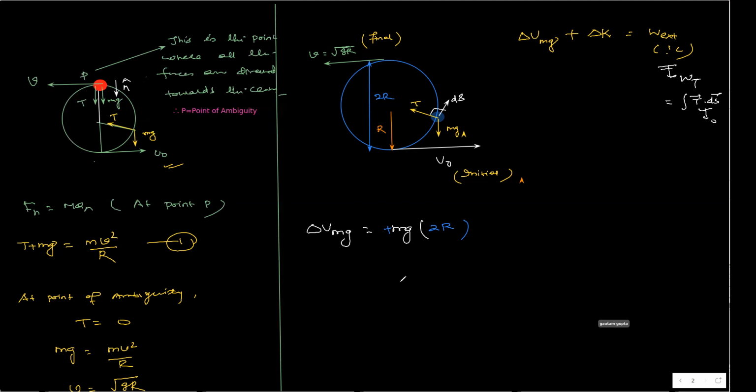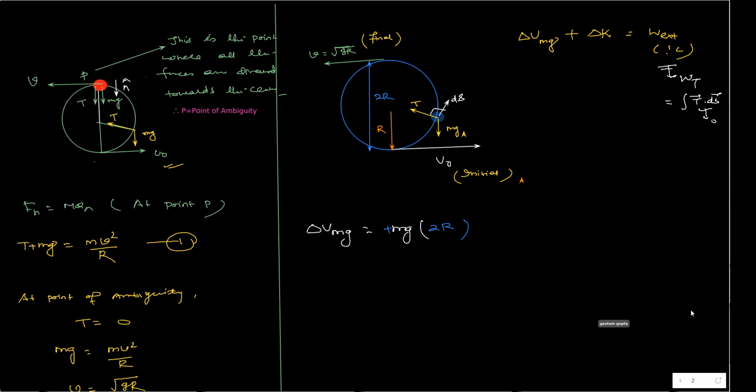If it has moved down, if the final height is lesser than the initial height, then you write the magnitude of the height and you put a negative. So actually delta H is the final height minus initial height. When it has moved up, final height will be more than the initial height, so it will come out positive. When the object is going down, final height is lesser than the initial height, so it will come negative. In order to simplify things, write mg into the magnitude of the height, and if it has moved up, put a plus. If it has moved down, put a minus. Okay, so delta U mg is here, mg into 2r.